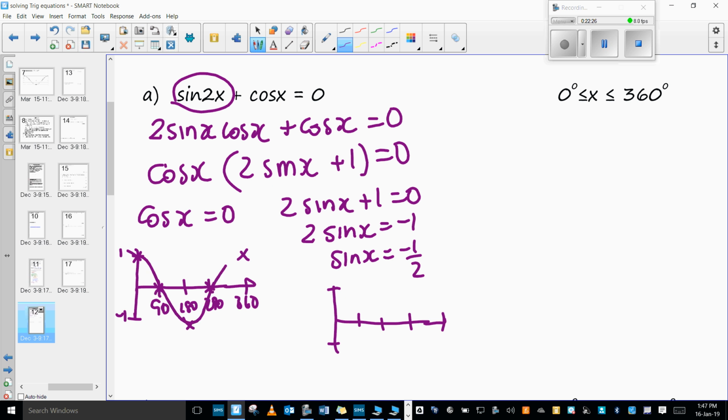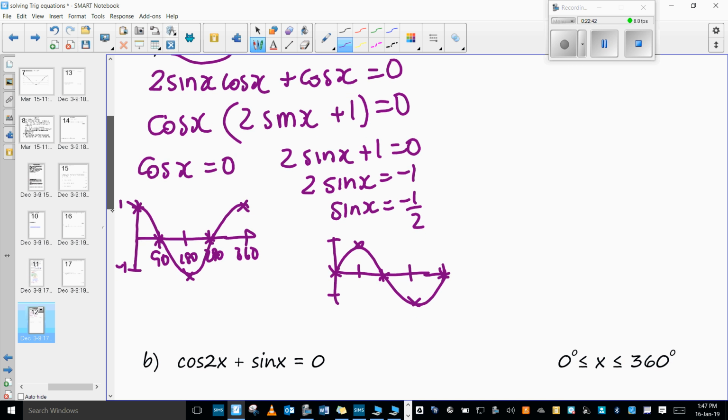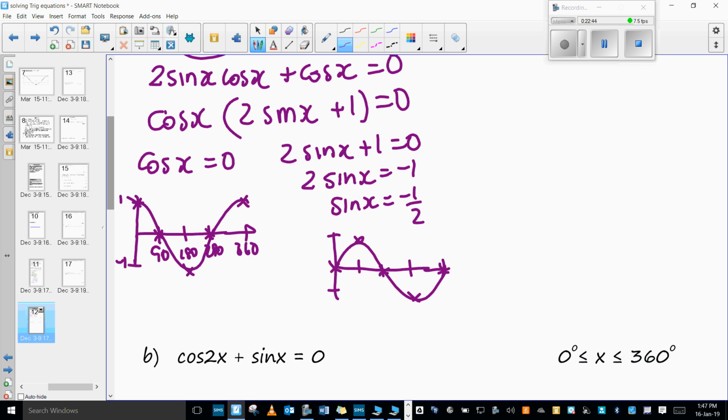And my sine curve starts at 0, yeah? So where is my cos x equal to 0? 90 and 270.